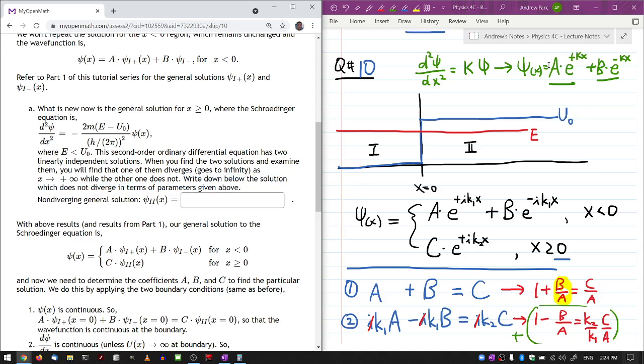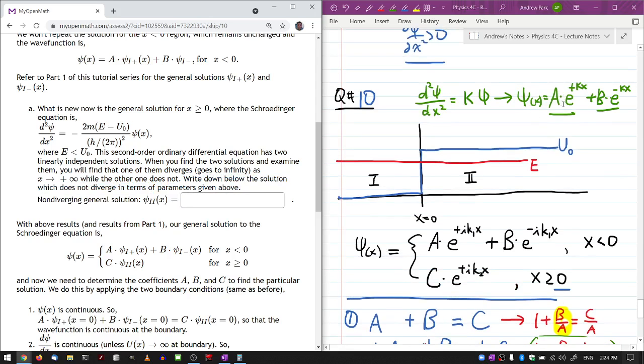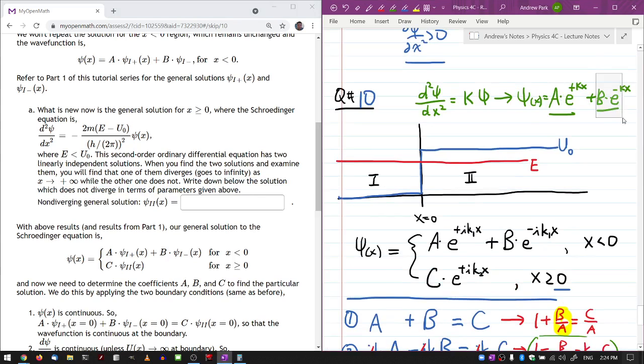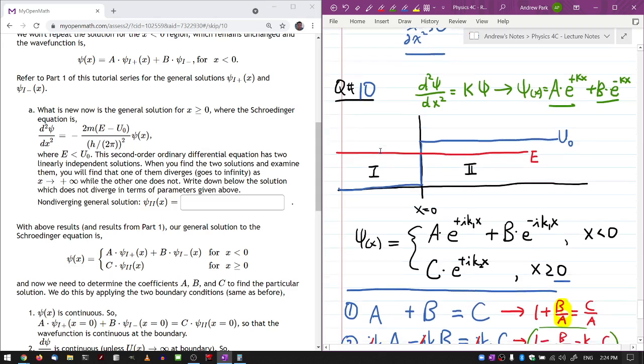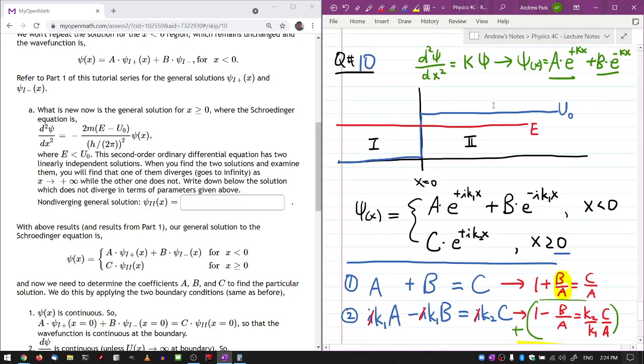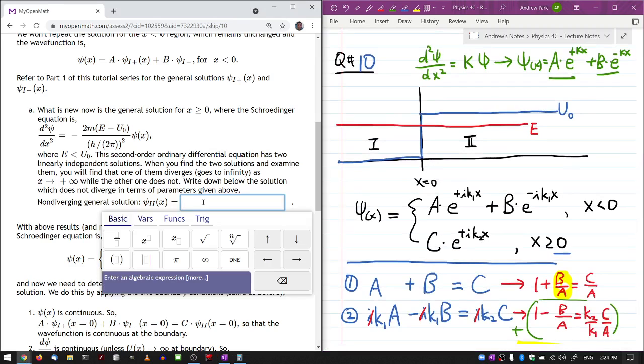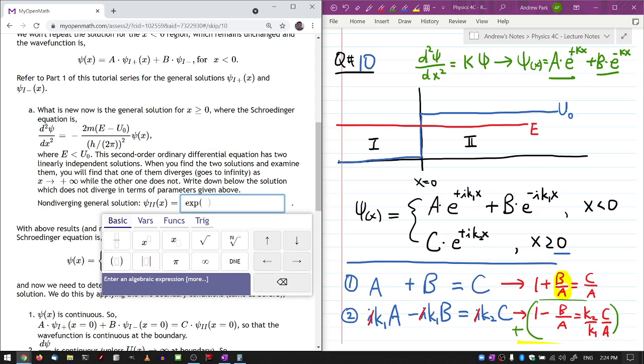Looking at this, the solution that does not diverge is the second one, because my x goes from 0 to infinity. At x equals 0, both are fine. As x goes to infinity, only the second term does not diverge. So I need to make the first term go to 0 and say this is equal to an exponential of, and this k here is the square root of all of this.